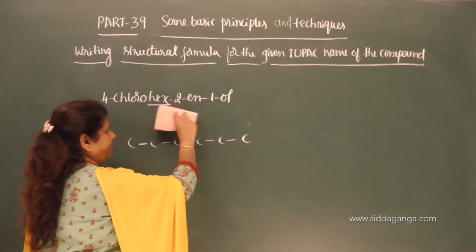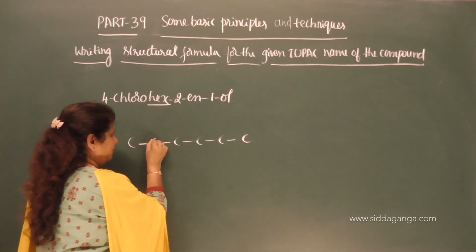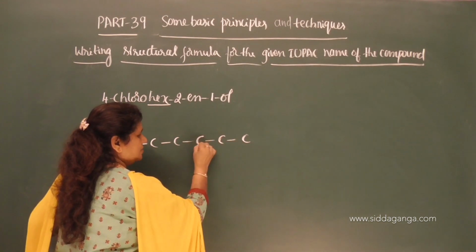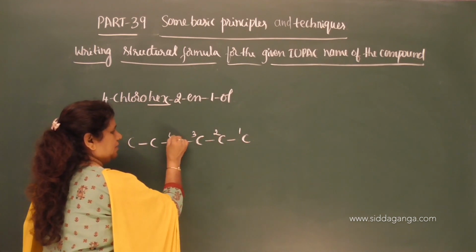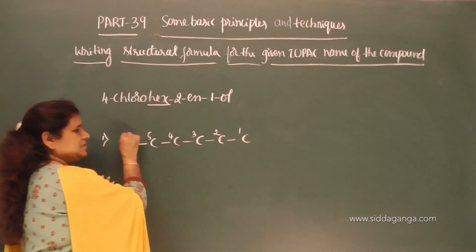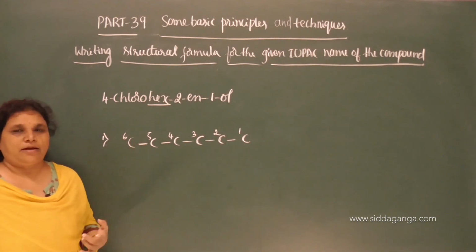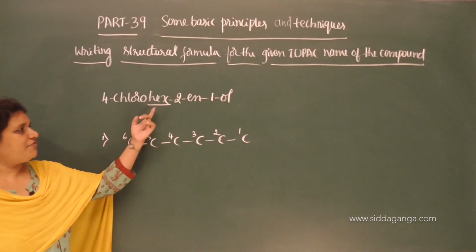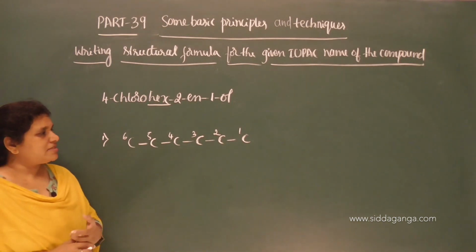I am giving the number from right to left here. So, this is the carbon skeleton, 1, 2, 3, 4, 5, 6, okay. Now, what is the second step? Numbering the carbon atoms in the given carbon chain. On the basis of the root word, we have given the carbon chain now. This is the carbon skeleton.